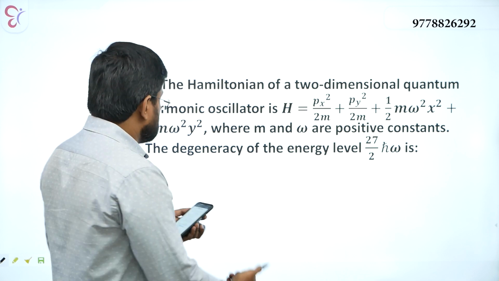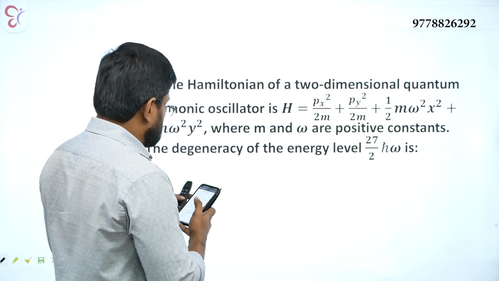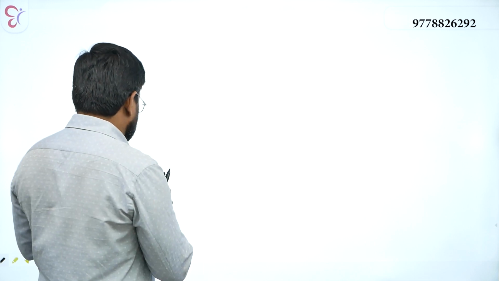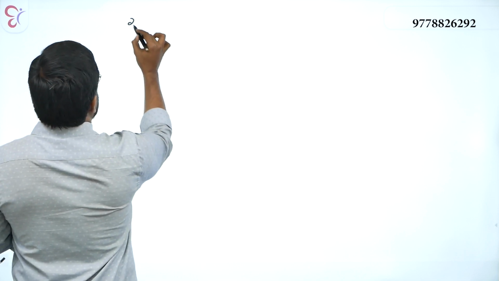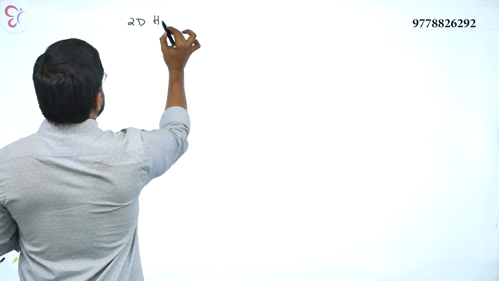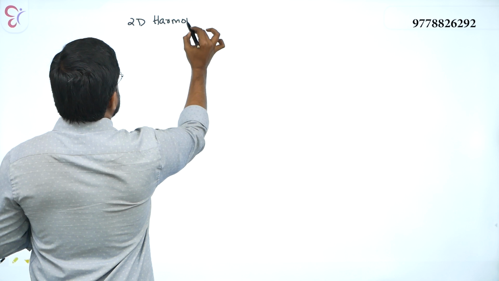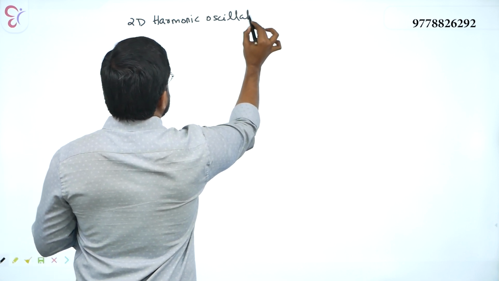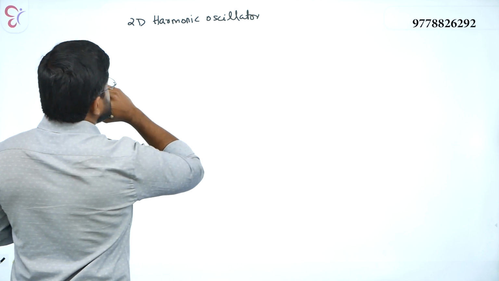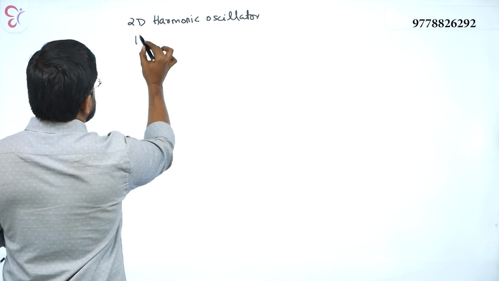Okay, so what is this? This is a two-dimensional quantum harmonic oscillator, isn't it? I hope you have studied this. Since this is a two-dimensional harmonic oscillator, what is the Hamiltonian?